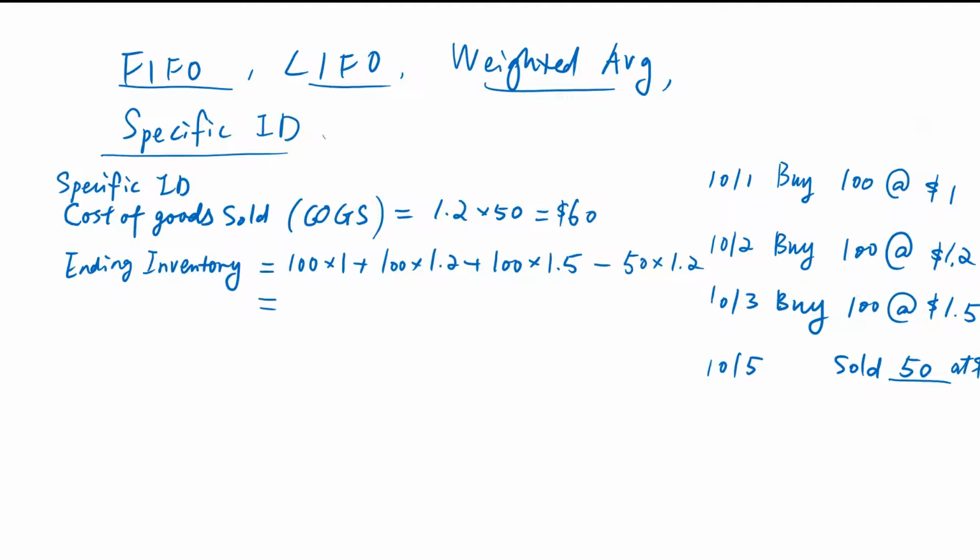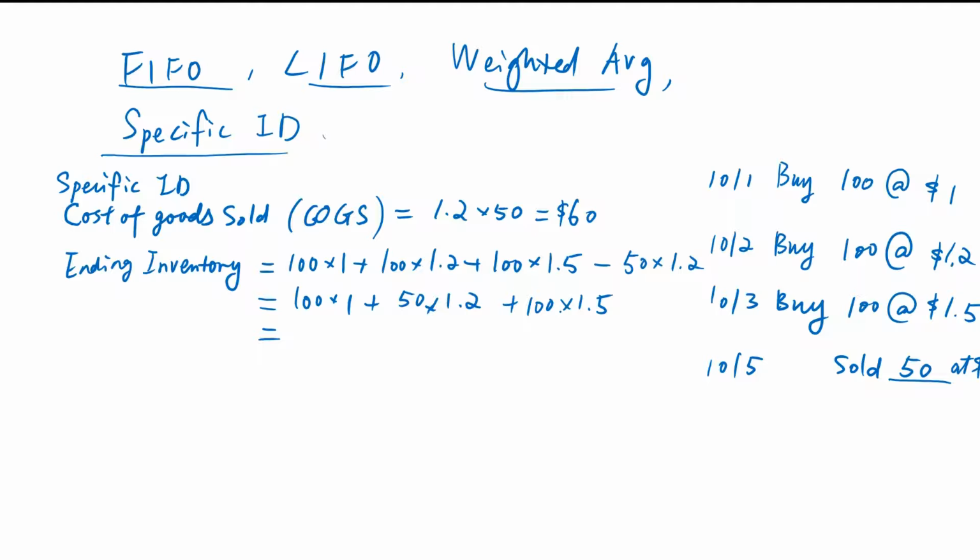So in other words, you can think, I still have all 100 of the $1 apples, of the $1.20 I only have 50 left, and I still have all the $1.50 apples.